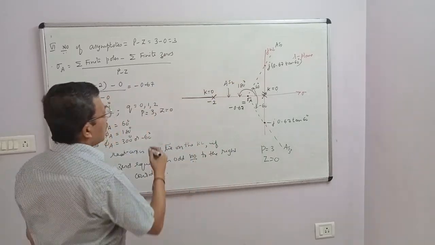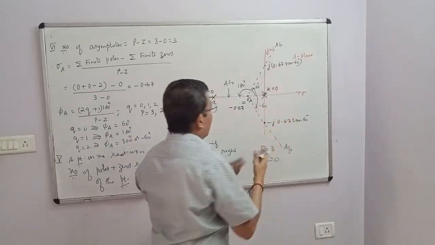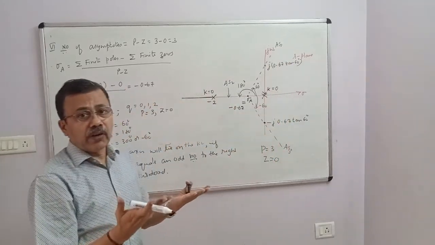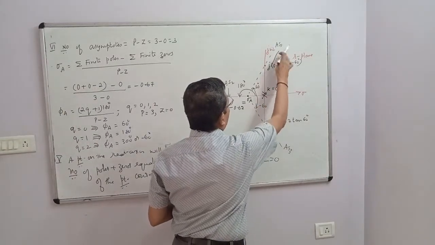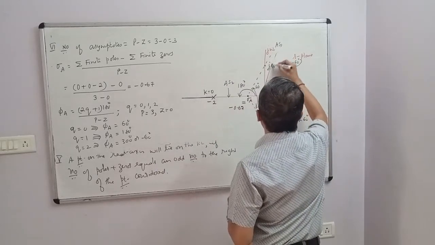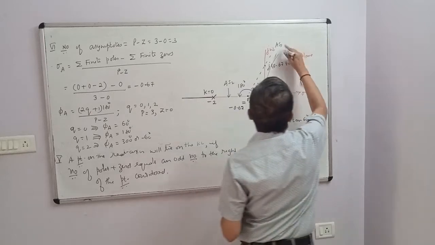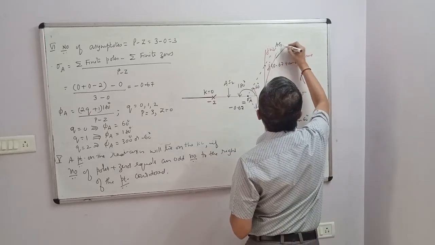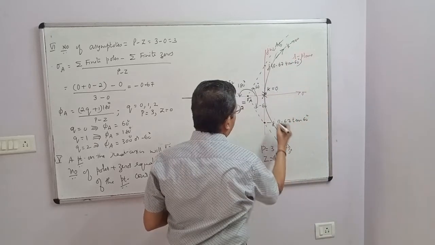Now you see these two poles have already met at the origin. Therefore, don't calculate breakaway points. Out of these two poles, one will follow asymptote AS1, the other one will follow asymptote AS3. These will go parallel to the asymptotes, going towards k tending to infinity.